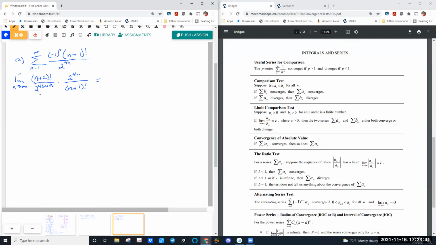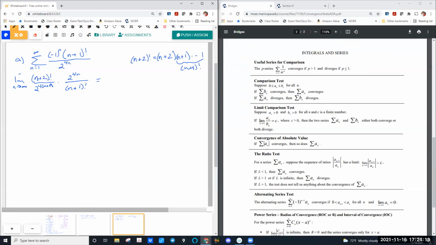Once you have it written up, your main thing is going to be canceling. We talked a little bit about some of the canceling last time. One of them is, n plus 2 factorial is n plus 2 times n plus 1 all the way down to 1, but that there is n plus 1 factorial.